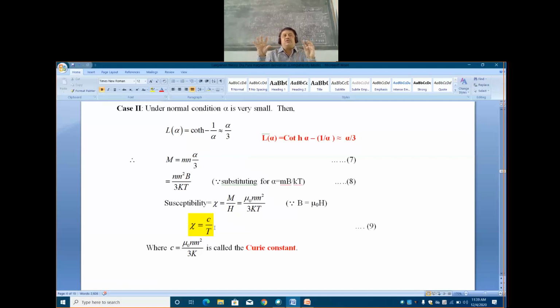This is the basic characteristic of paramagnetic materials. In diamagnetic materials we got a negative sign for chi; negative means diamagnetic, positive means paramagnetic. Also there is a dependence on temperature: chi is equal to C by T, where T is absolute temperature, so susceptibility depends on temperature. This is again a characteristic of paramagnetic materials. Okay, thank you.